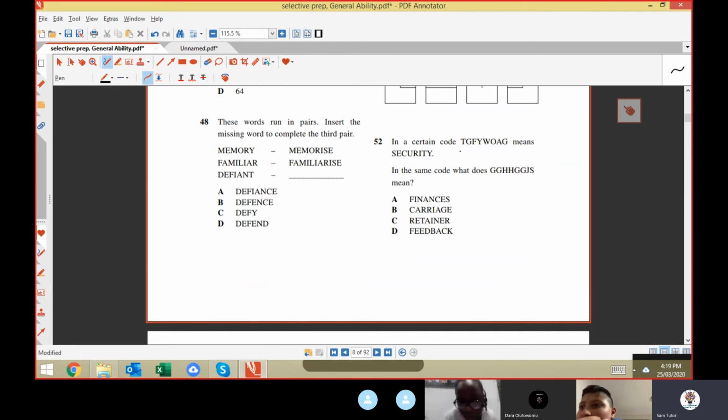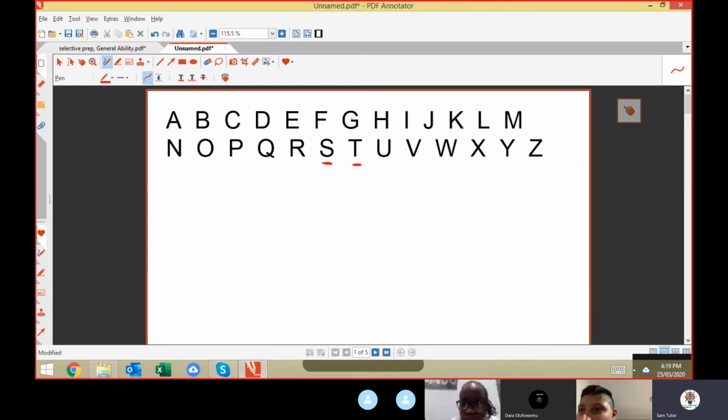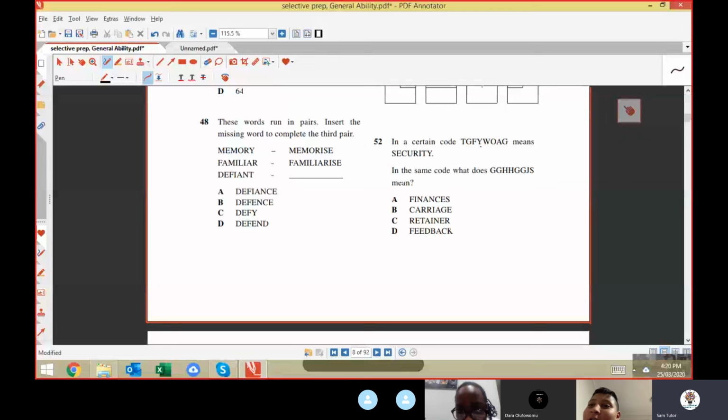So T becomes S, E becomes G. Let's have a look at that. T becomes S, E becomes G, F becomes C. All right, I think I found the pattern. But I'll do one more just to show you.